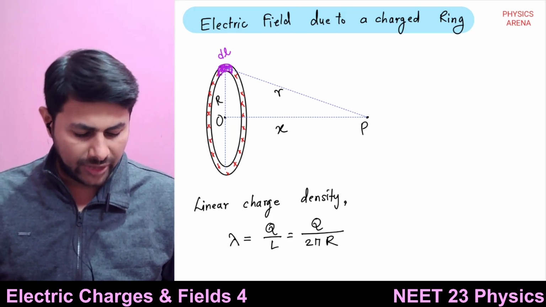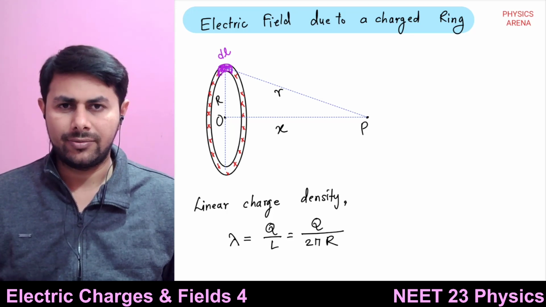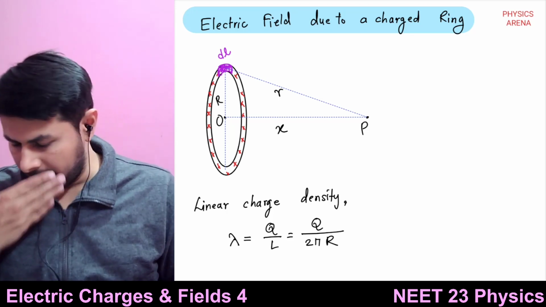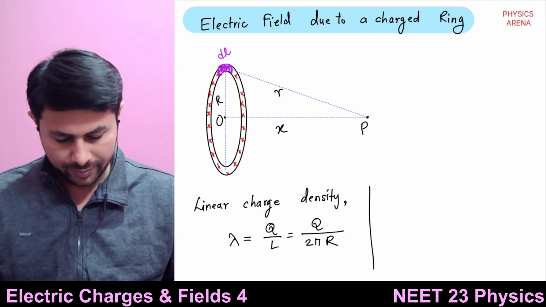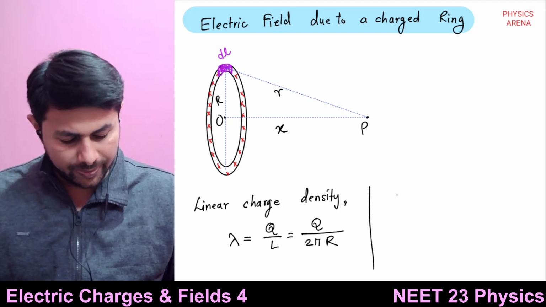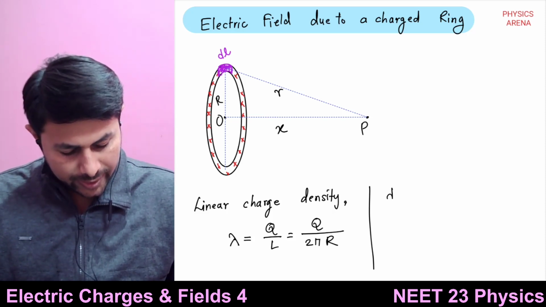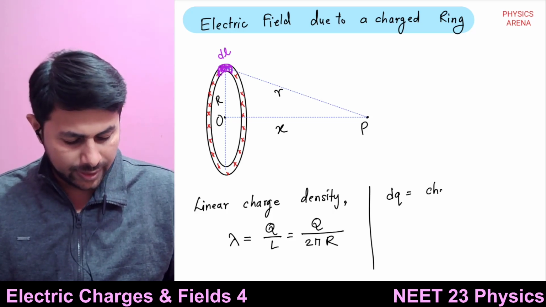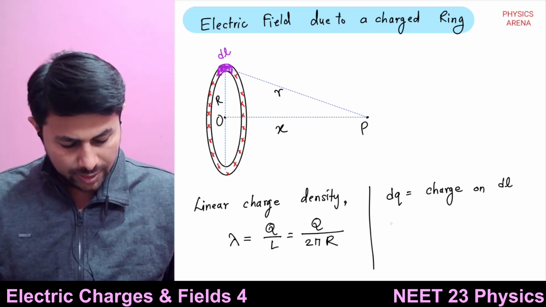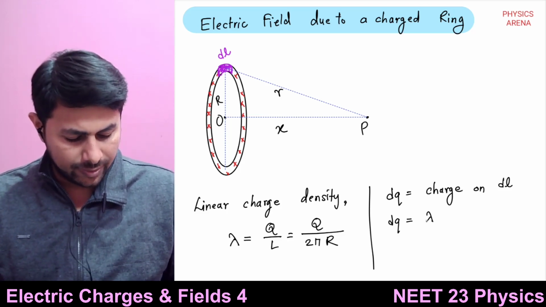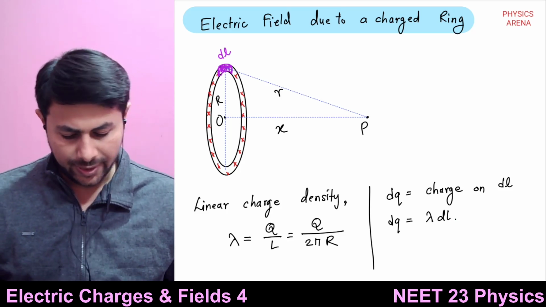So using Pythagoras theorem we can write r square is equal to capital R square plus x square. All right. So dq is the charge on dl, so dq is equal to lambda times dl, the linear charge density multiplied by its length.